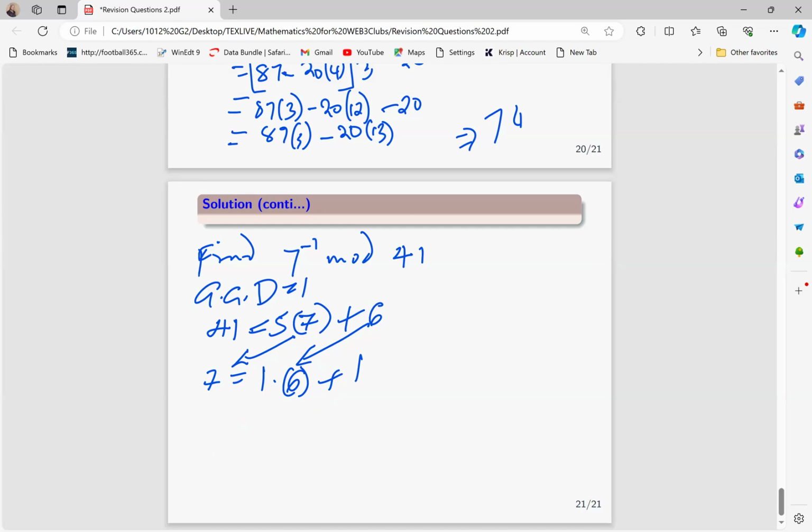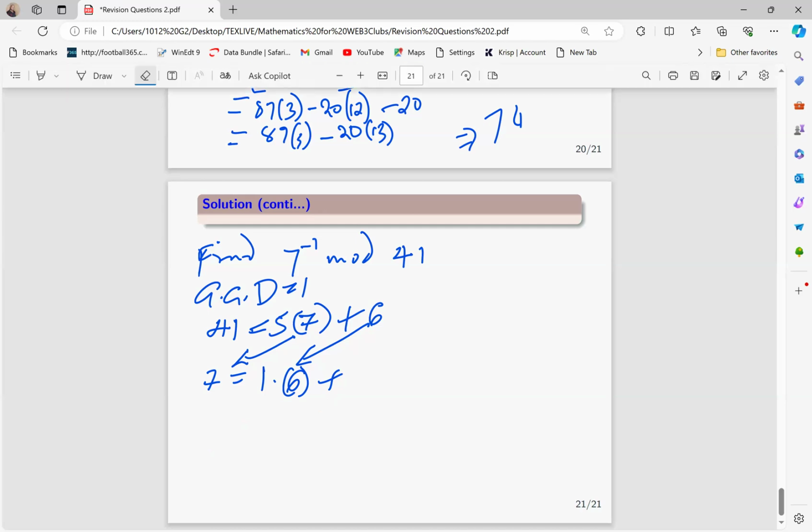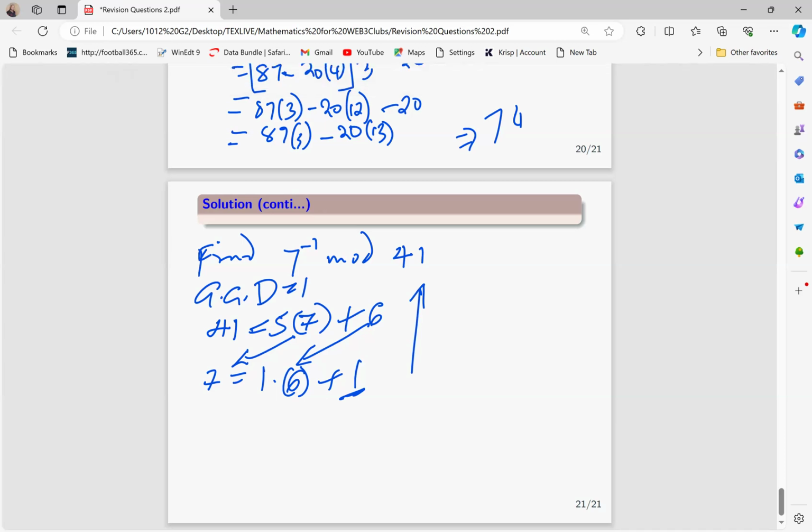So now we start replacing it. As we found the GCD is 1, now we go back doing the inverse. So you write the equation in the form of 1. So it's 1, which is 7 minus 1 times 6. So you replace the equation.